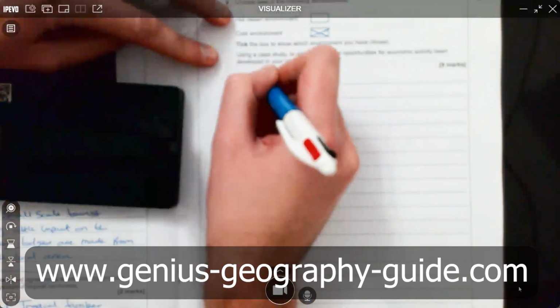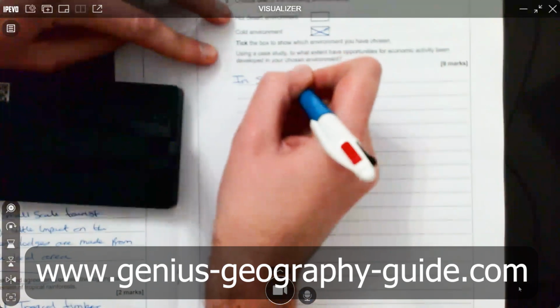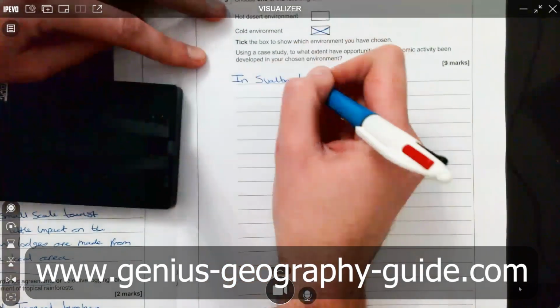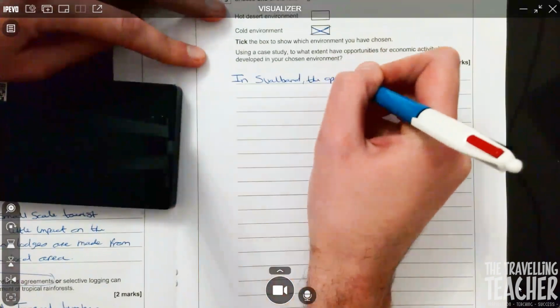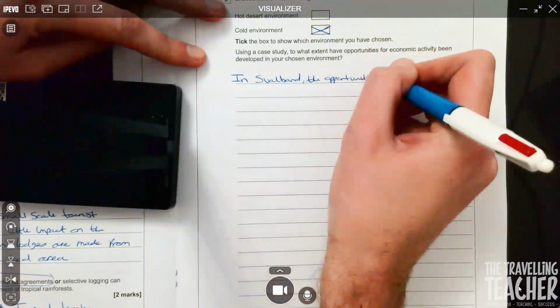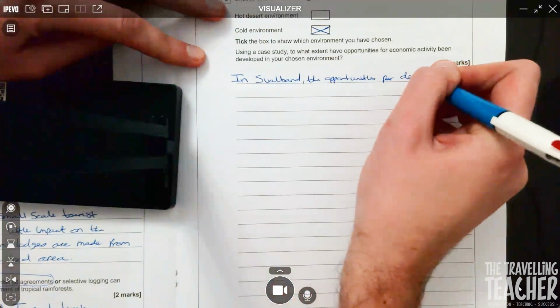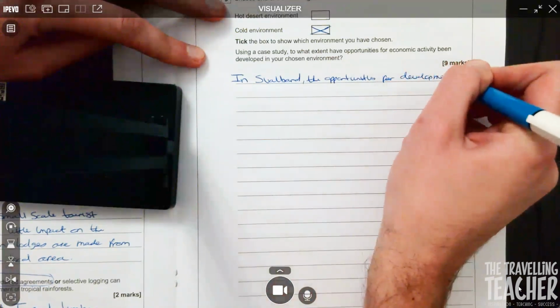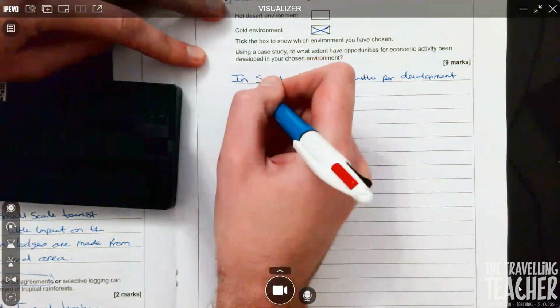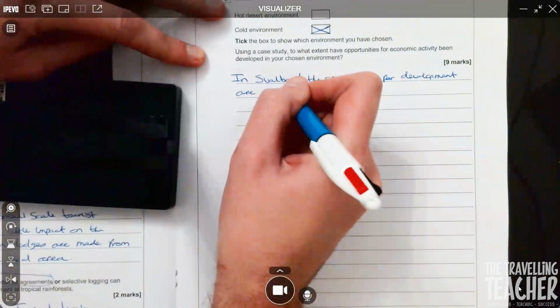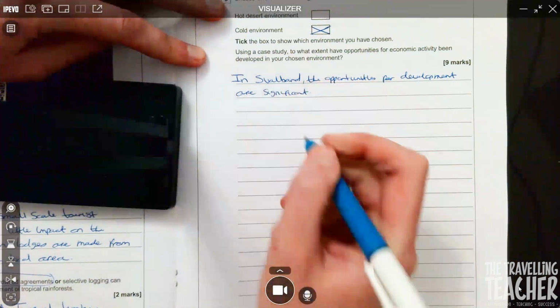In Svalbard, the opportunities for development are significant.